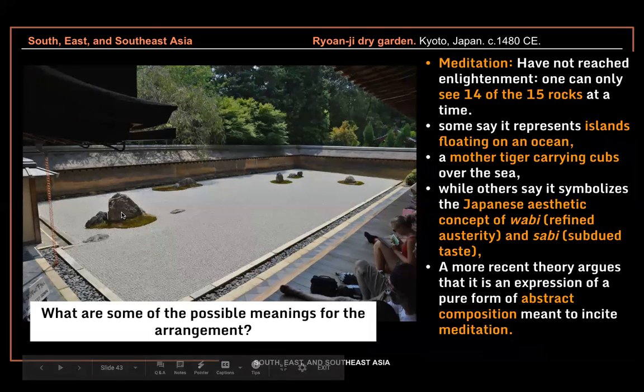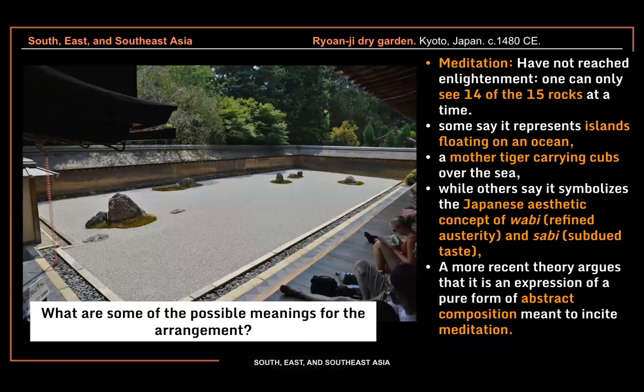Others think that it just symbolizes the Japanese aesthetic of wabi and sabi, this idea of refined austerity and subdued taste, that it's just very minimal. And then most recently, people believe that it's just an abstract composition meant to incite meditation. So you're not really supposed to understand it. It's just supposed to be simple and austere to aid in your meditation.